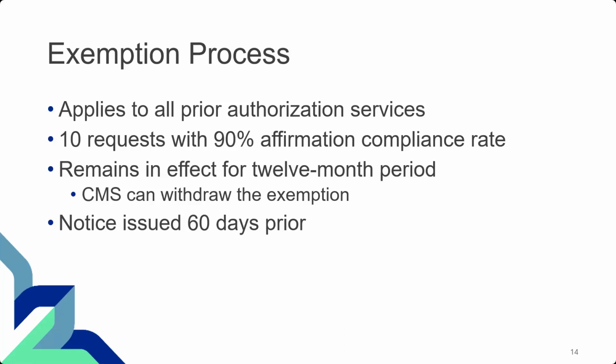If you are a Part B provider that is submitting a prior authorization request on behalf of the hospital outpatient department, you're going to need to contact them to make sure you're aware of their exemption status. If they state that they are exempt, request a copy of the exemption notification letter. That'd be something that you're going to have on file too if you're submitting those requests for them.